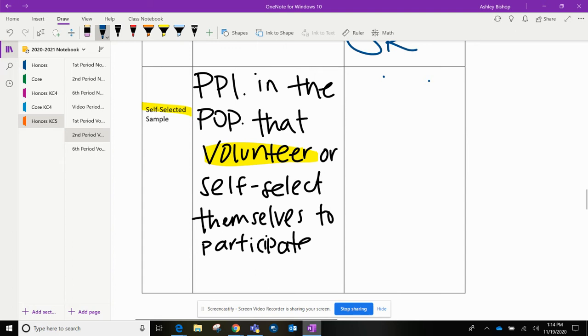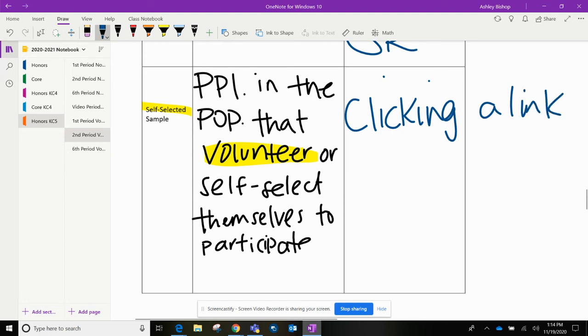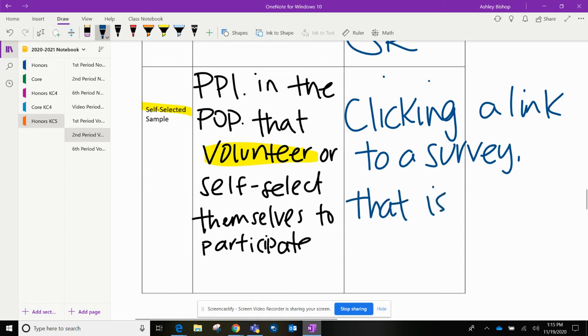If you go and do it, you have self-selected. So if you are clicking a link to a survey, that is optional. So the key here is that it's optional.